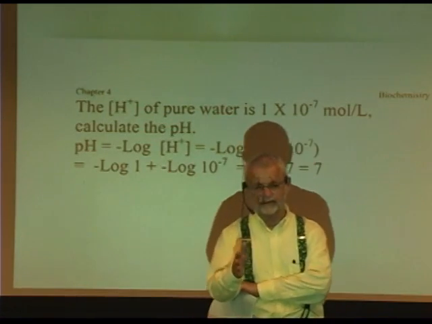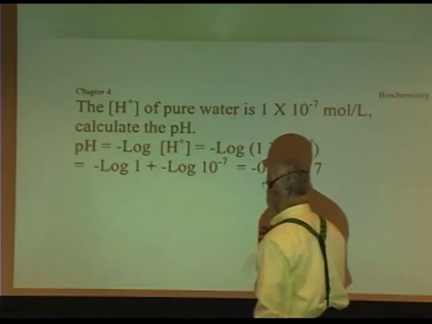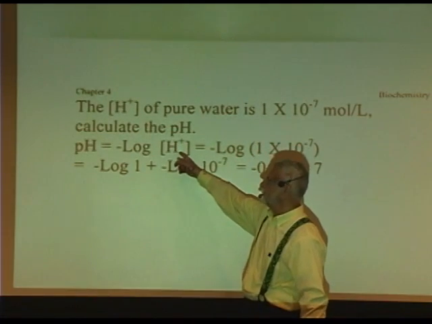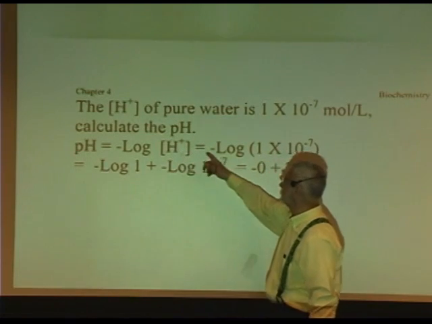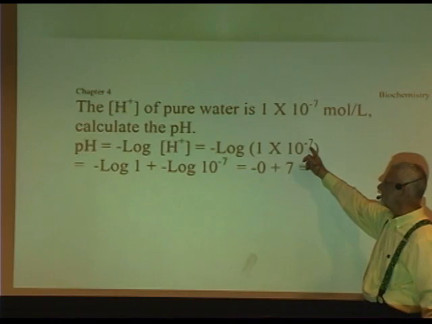We don't need the hydroxide for this. We're just interested in the hydrogen. And we want to take a minus log of the hydrogen ion concentration. That's the definition of pH. That's a minus log of 1 times 10 to the minus 7th.